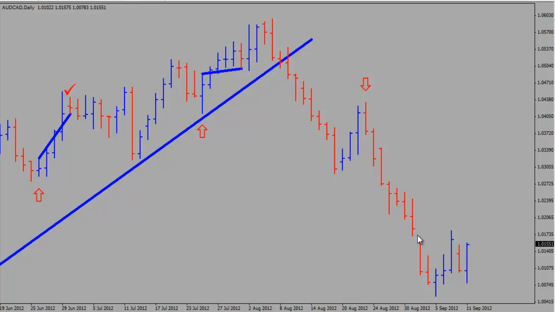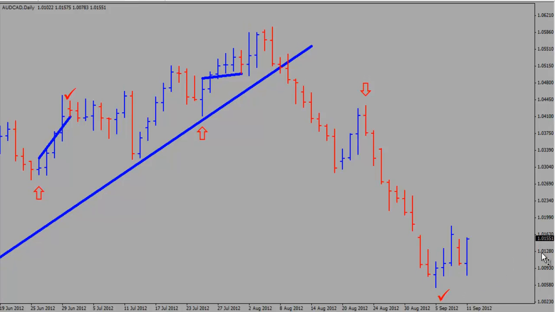And it's this seller, seller, seller, buyer bar down here that then gives us our exit from the trade and generates our profit. And the profit on that trade runs from this first seller bar through to this buyer bar.